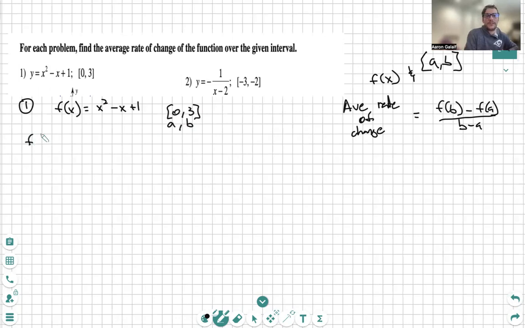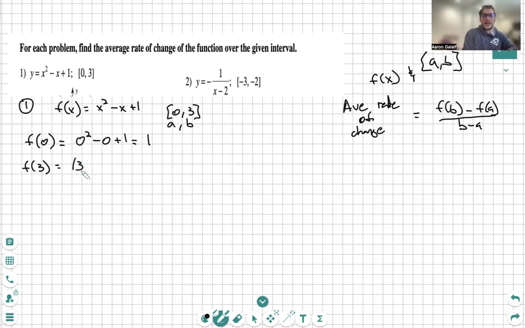The first thing I want to find out is what my f of 0 is and what my f of 3 is individually on their own. F of 0, all we're going to do is plug in 0 for x, and we see 0 squared minus 0 plus 1. We see that as a value of 1 at the end. Next, we're going to plug in f of 3.